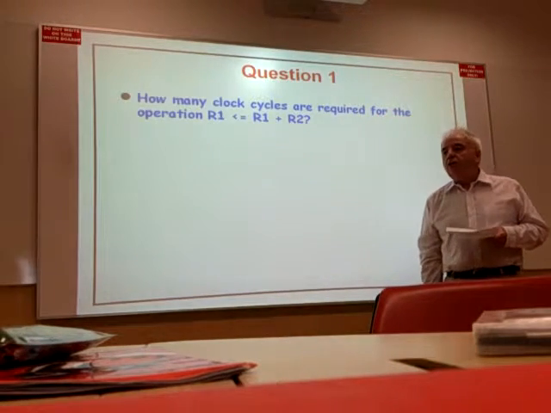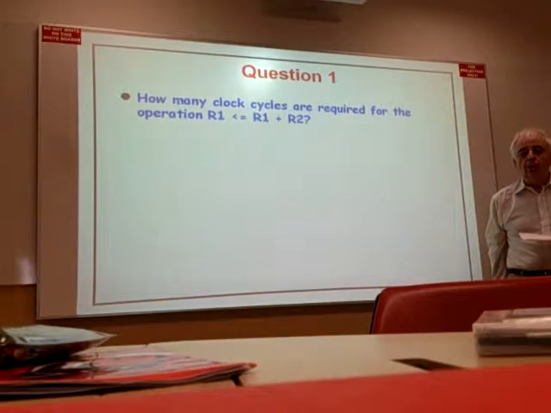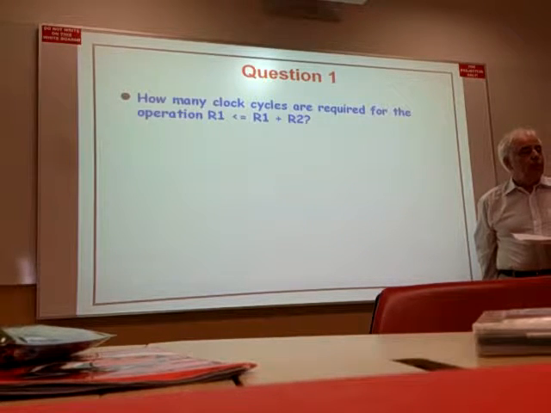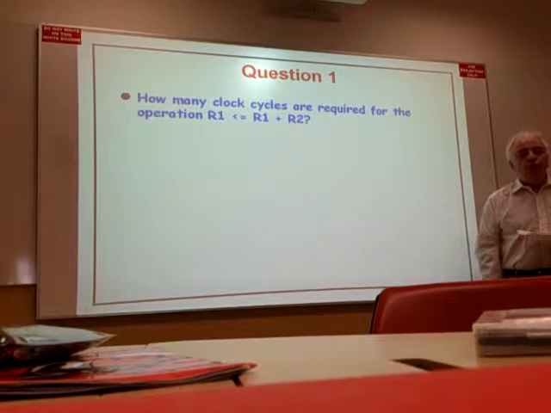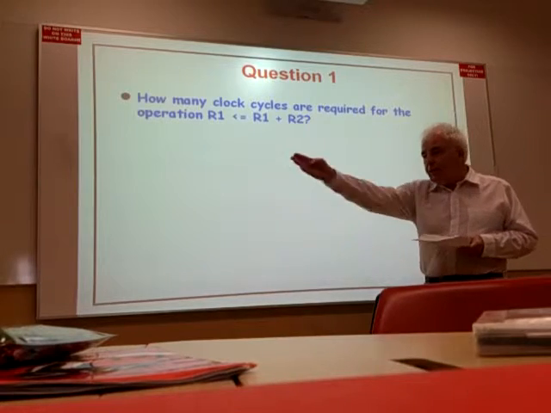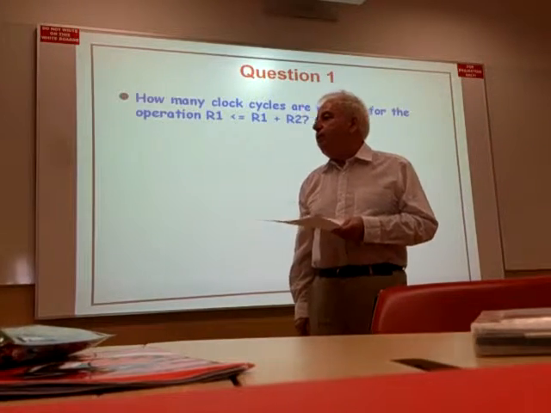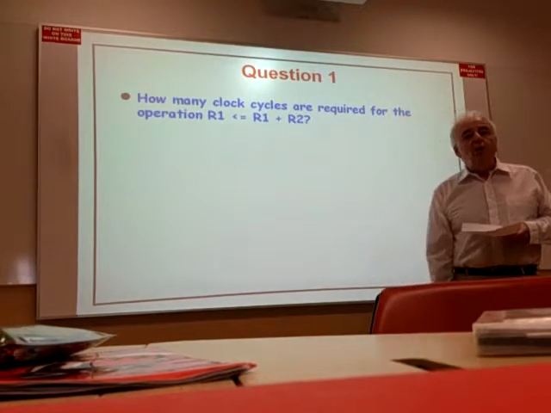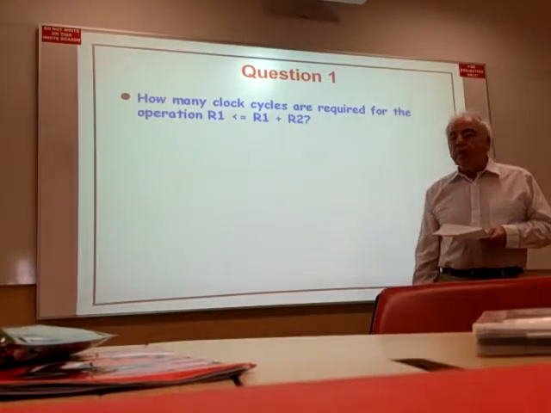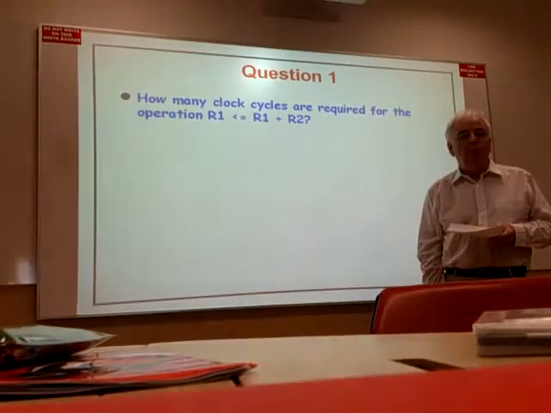How many clock cycles will that take? Given that we have 3 buses, I'll leave the diagram on the other display, the architecture. We have 3 buses, so how many clock cycles will this take?